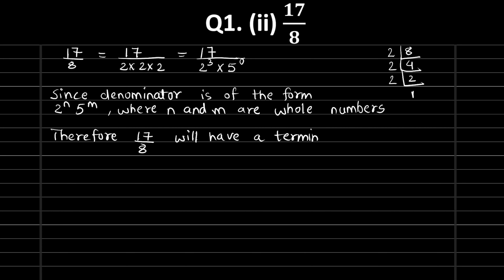Whenever the denominator is of the form 2 raised to n into 5 raised to m, definitely the decimal expansion of that rational number would be terminating decimal expansion.